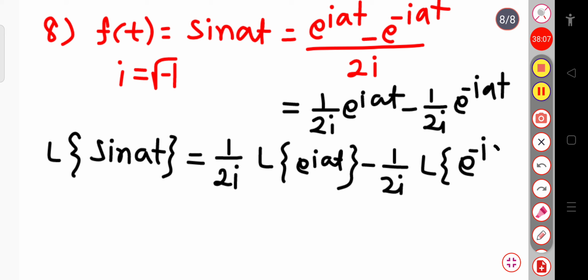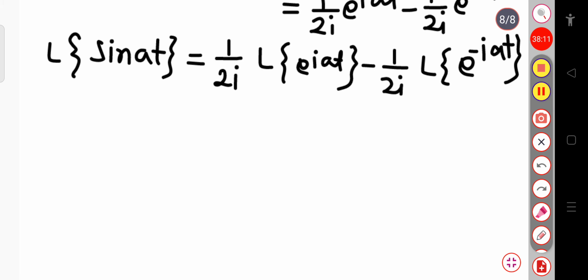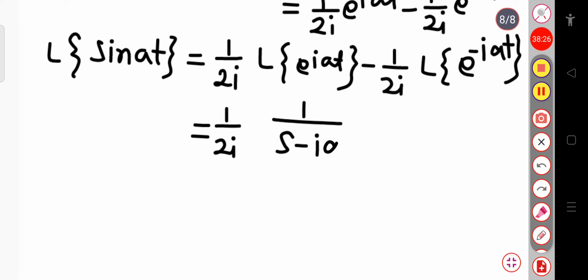The Laplace transform of exponential at is 1 by s minus k, where k means the t coefficient. Here it is s minus ia, and here, the t coefficient being minus ia, this will be s plus ia.